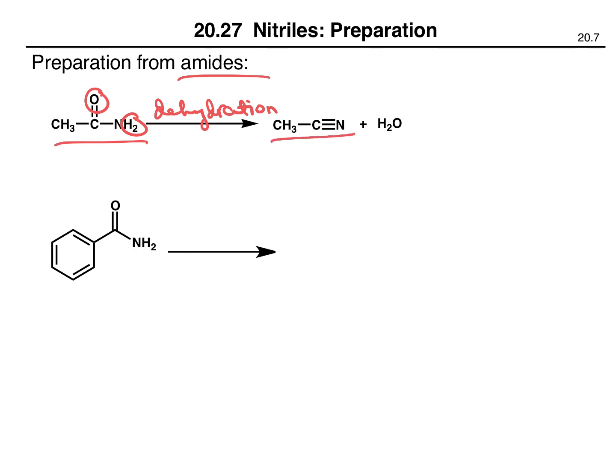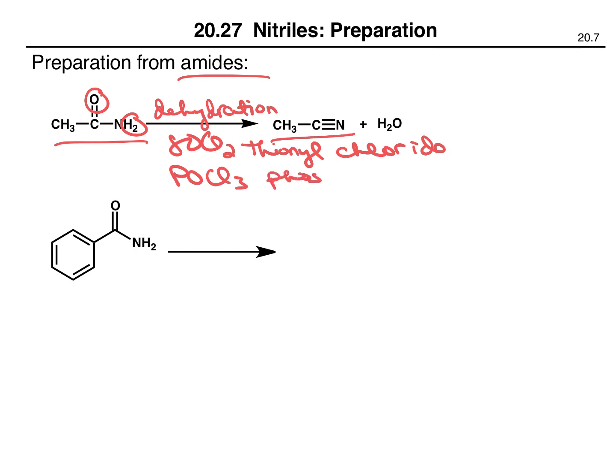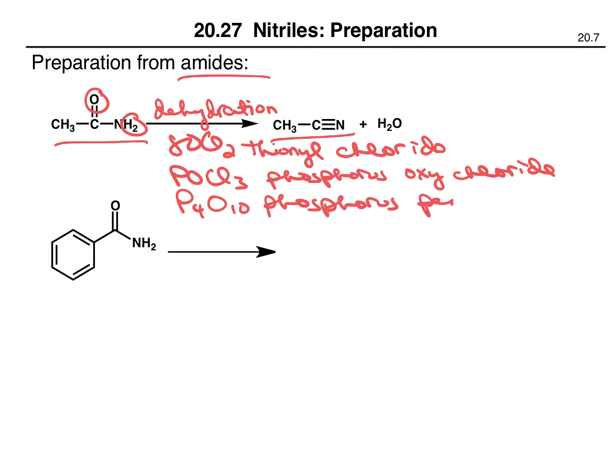And some of the common reagents that can be used for this include thionyl chloride, phosphorus oxychloride, and phosphorus pentoxide. So it's called phosphorus pentoxide even though it is P4O10. All of these are common dehydrating agents.